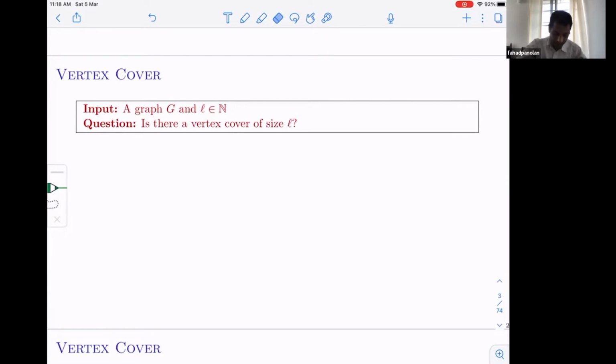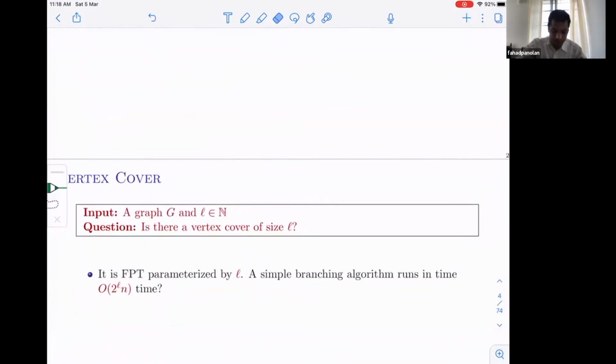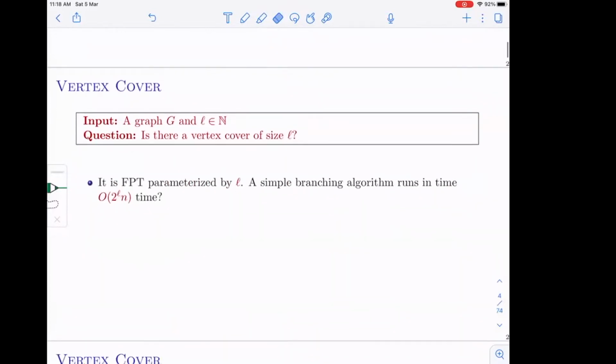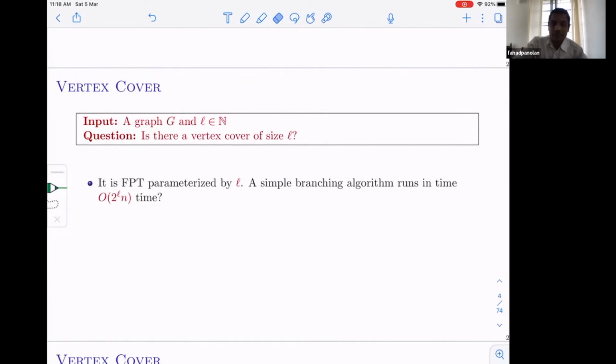For this problem, there are a lot of FPT algorithms known, and a simple branching algorithm will give you an algorithm with running time order 2 to the L times n. You branch on the edges. This algorithm will also output a vertex cover of size at most L if there is one.